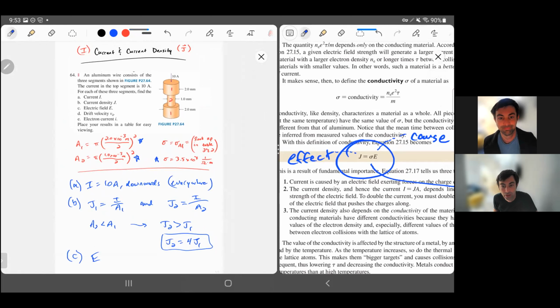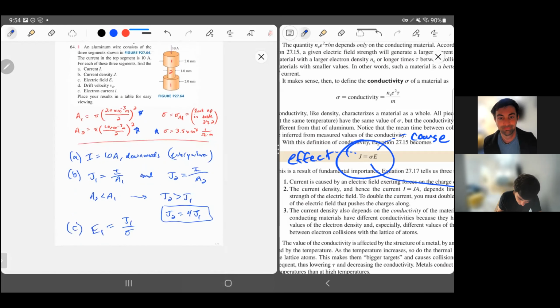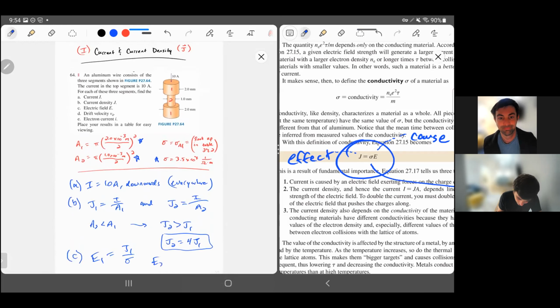What's the electric field in these 2? Well, going back to the problem here on the left, if J2 is 4 times bigger than J1, then the electric field there is also 4 times bigger, right? The sigma is the same for the 2. So E1 is equal to J1 over sigma, so you can plug in numbers there. And then E2 is J2 over sigma, and this is 4 times E1.